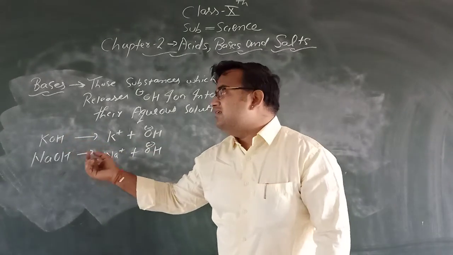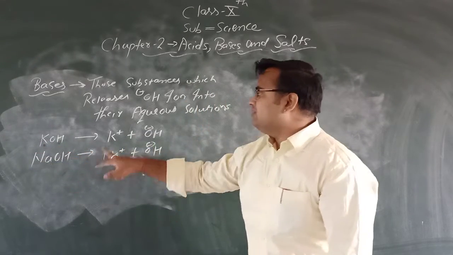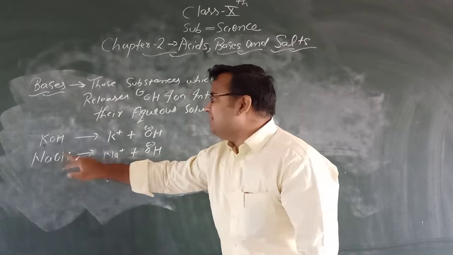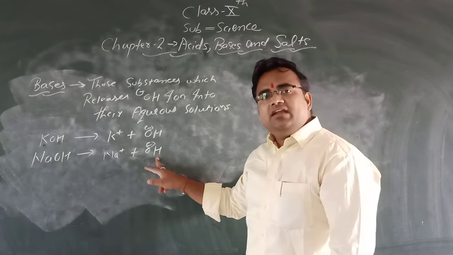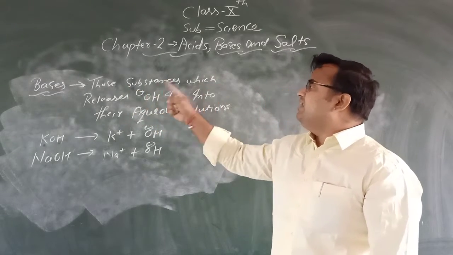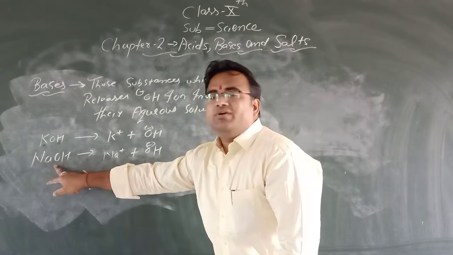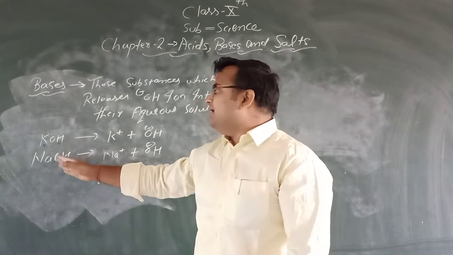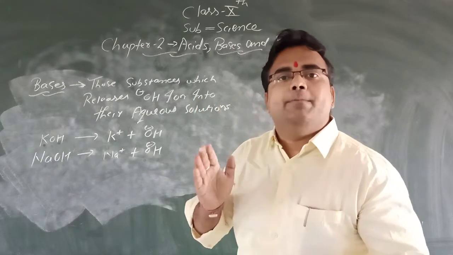See, bases are the substances which release OH minus. Potassium hydroxide is dissociated as K plus and OH minus. NaOH, sodium hydroxide, is dissociated as Na plus and OH minus ion. So the definition is: a substance which releases OH minus into its aqueous solution. Here we can say potassium hydroxide and sodium hydroxide have released OH minus into their aqueous solution. Therefore, they are categorized as bases.